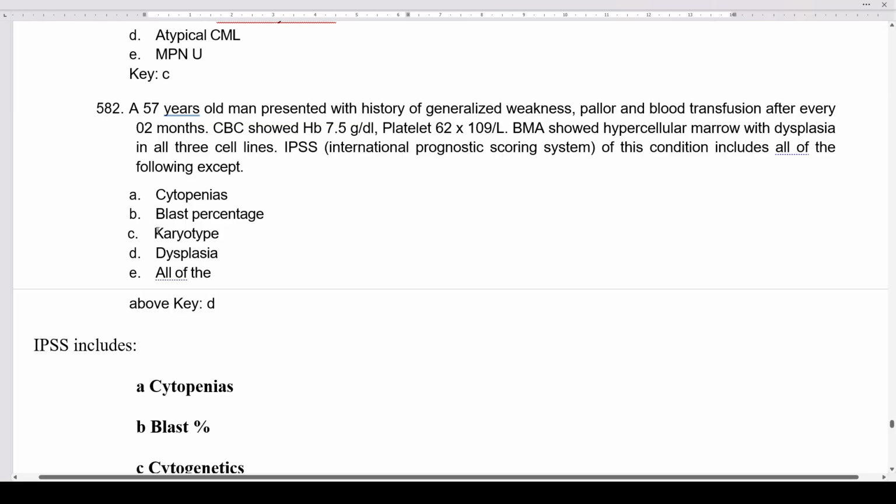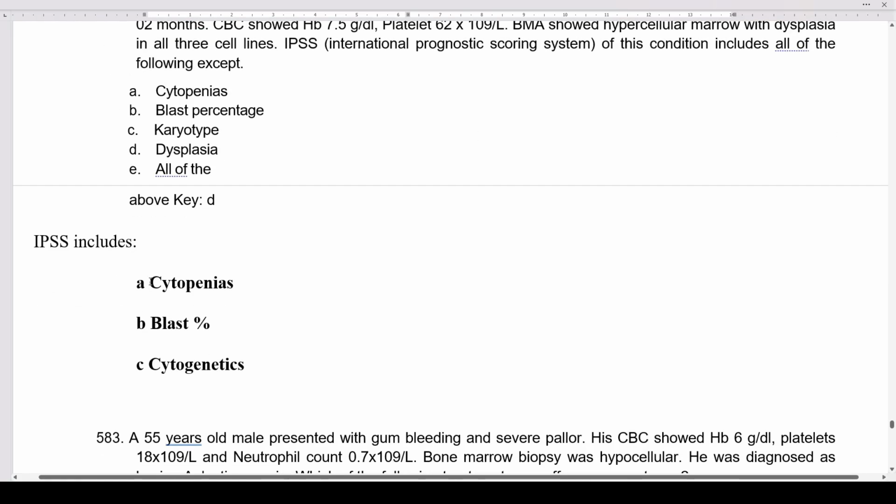Just remember CBC: cytopenias are included, blast percentage is included, and cytogenetics is included. So dysplasia is not included in the International Prognostic Scoring System. We look at the cytopenias, the blast percentage, and cytogenetics.